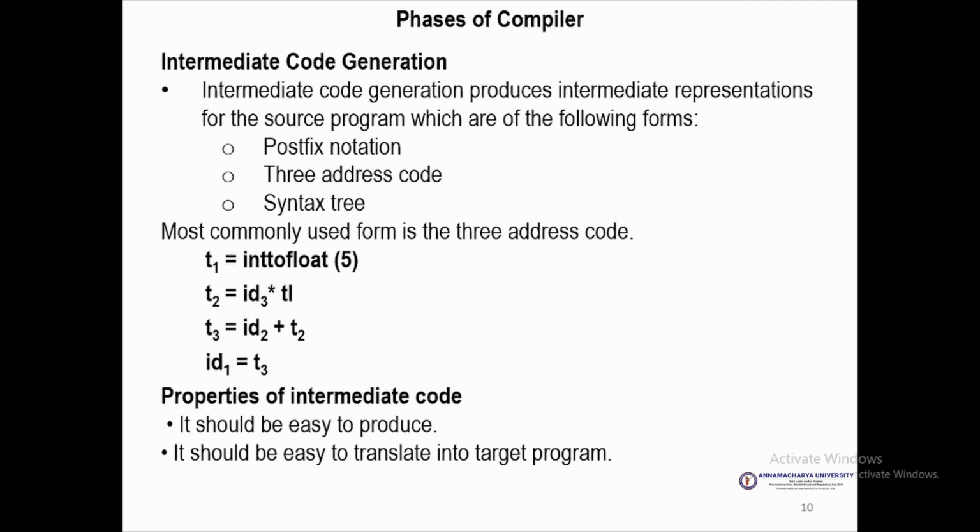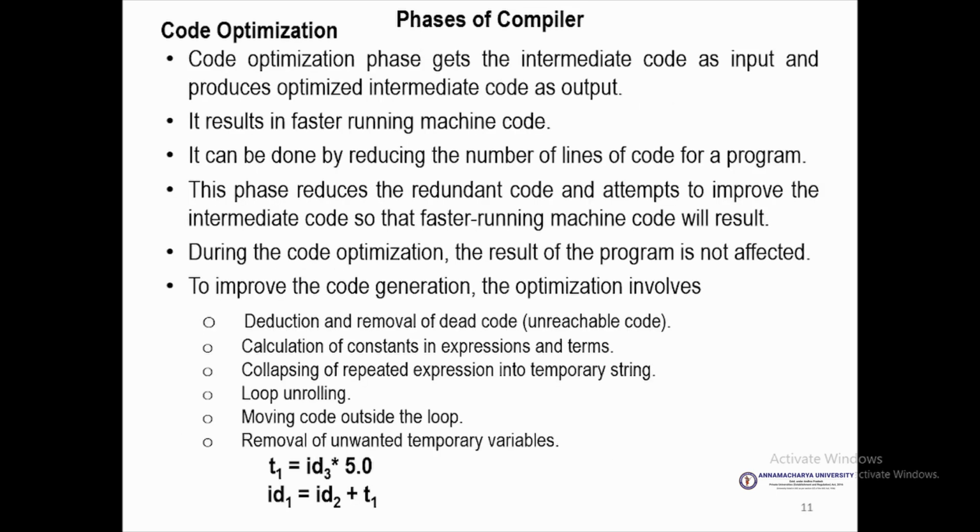And here are the properties of intermediate code. It should be easy to produce and easy to translate into the target program. Then the next phase is called code optimization. The code optimization phase gets the intermediate code as input and produces optimized intermediate code as output.